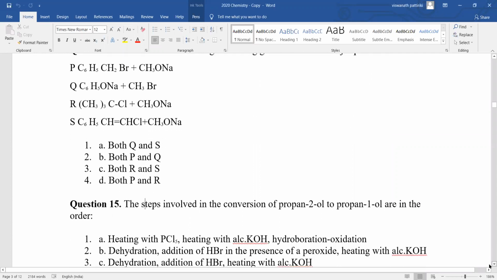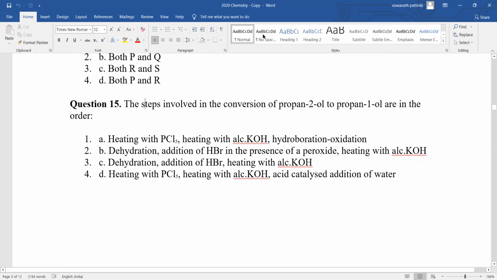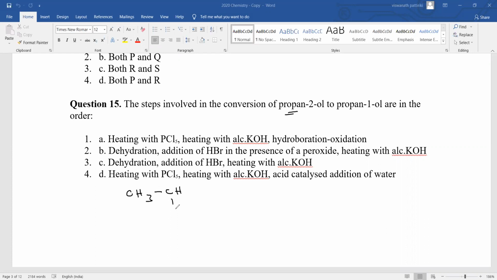And the next one is the steps involved in conversion of propane to ol to propanol are in the order. This is interconversion, an NCERT question. Propane to ol, this is CH3, CH, OH, CH3. Heat this with PCl5. This is one of the methods of preparation of alkyl halide.